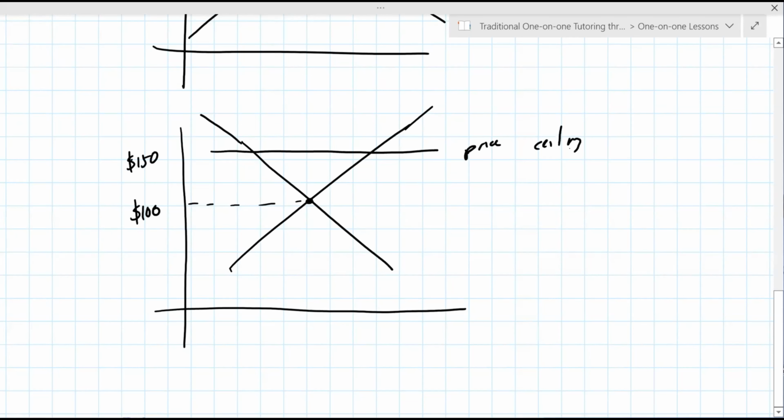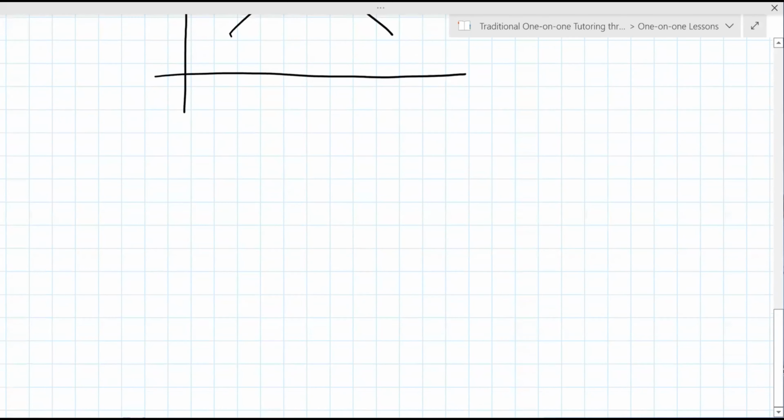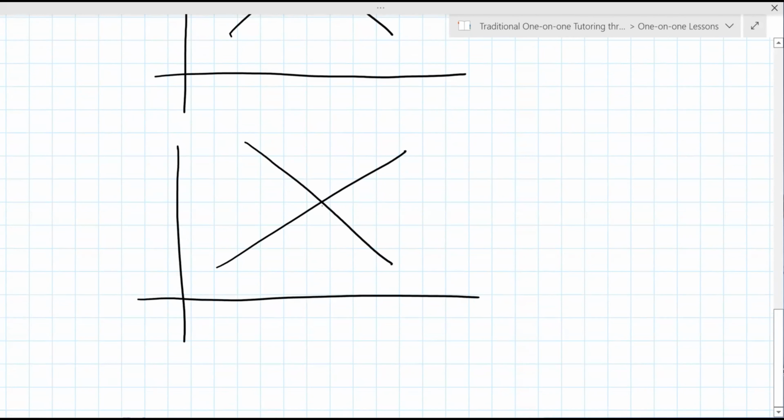Nobody cares what the price ceiling is because they're just going to pay the equilibrium price. So when it's above, it's not binding. Correct, that makes sense. Okay, so for a price floor, if the price floor is above the equilibrium, then it's binding.